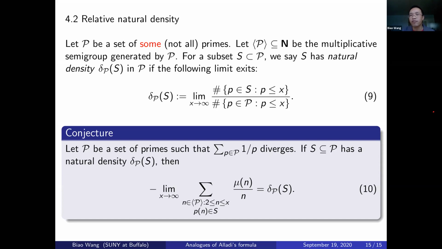He also has a formula, but it's not so simple. Actually, it's related to the sieves. But for the second smallest one, I didn't see such a result. So that's a good point.